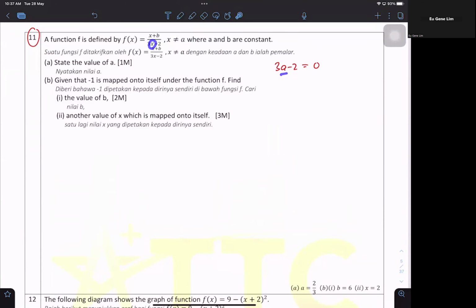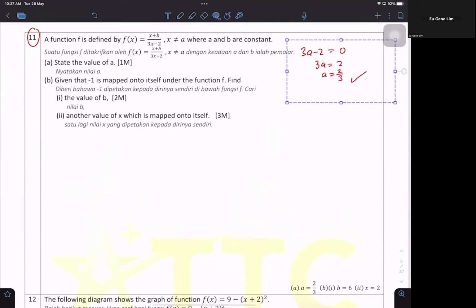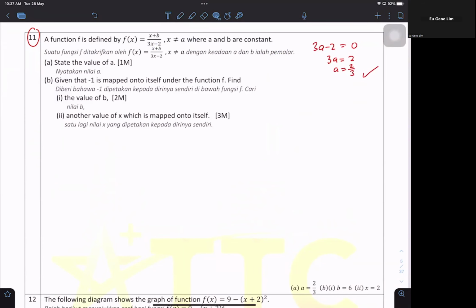So if the X is A, the denominator will be 3A minus 2, and that denominator 3a minus 2 will be 0. That's why x cannot be a. So from here, you can find out the a. Understand? Just like this. 1 mark. So every time you see this kind of thing, look at the denominator.